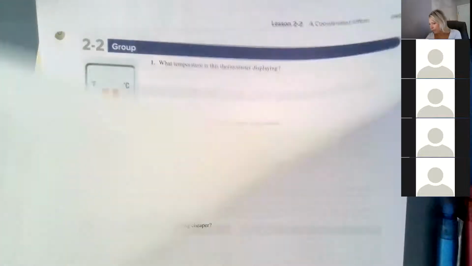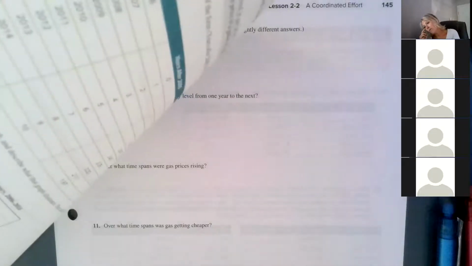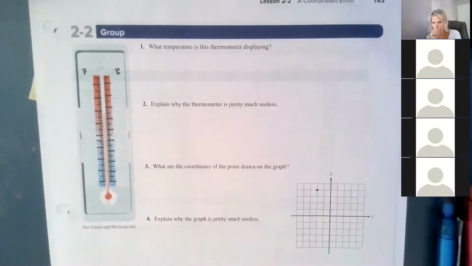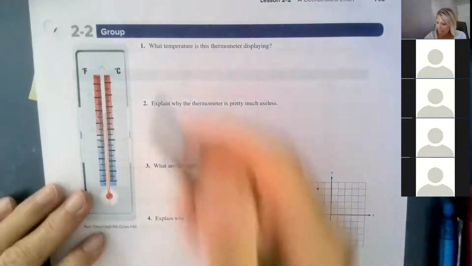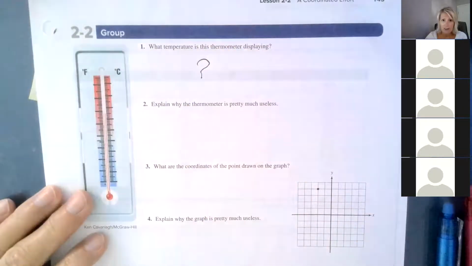Well. Anybody want to throw these out there, 1 through 4? We don't know because there's no values. Right, there's no scale. So it's a question mark, right?